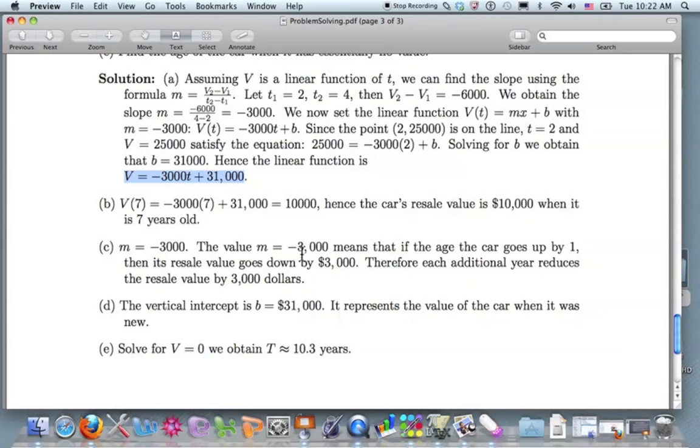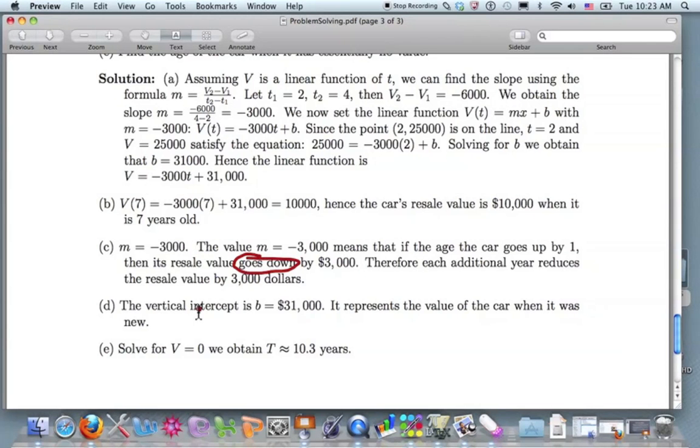That means if the age of the car goes up by 1, then the resale value goes down. Since the slope is negative, we need to say either decreased or goes down. Another version is, each additional year reduces the resale value by $3,000. You can use your own words as long as it makes sense and it's correct.